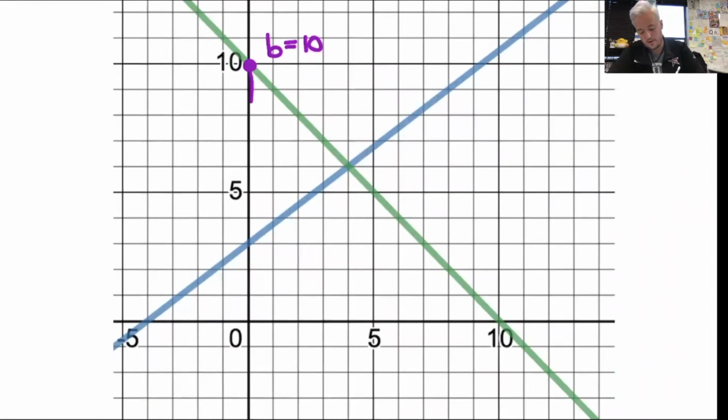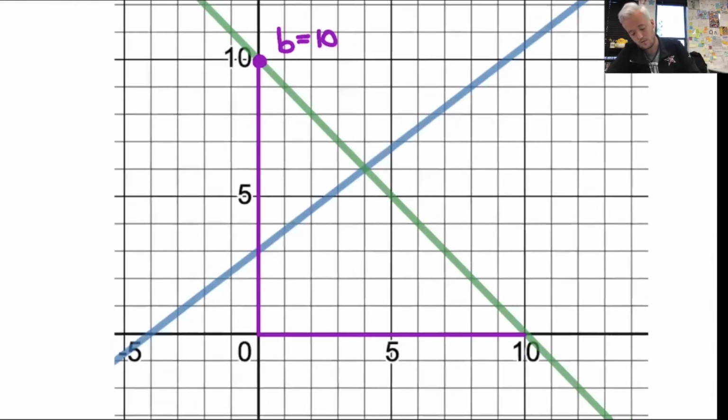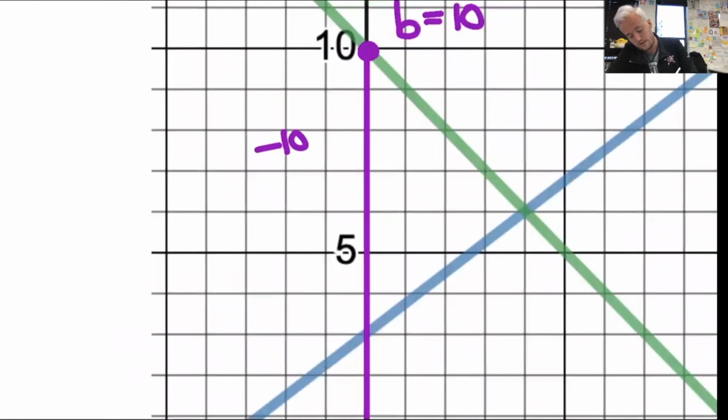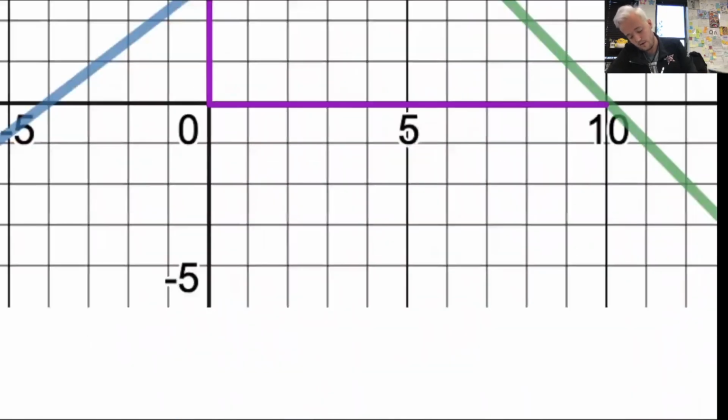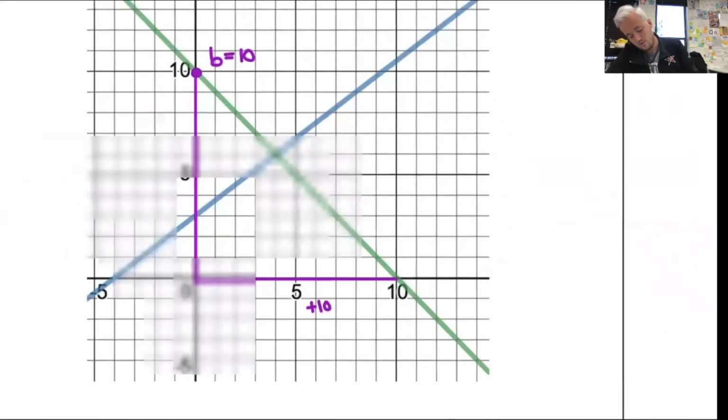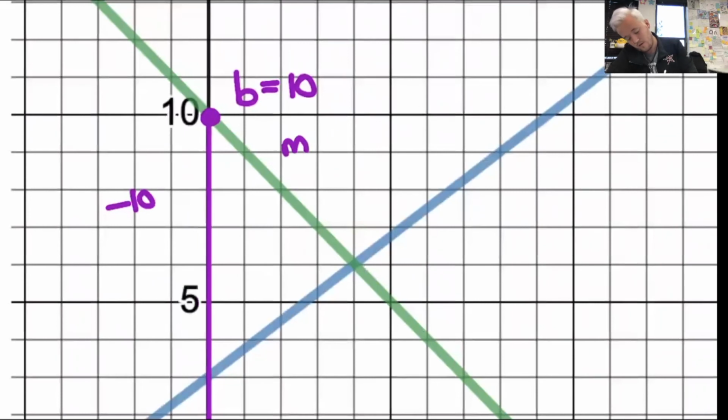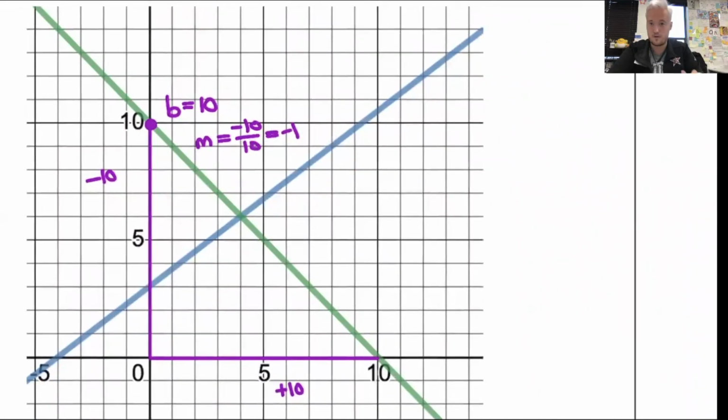So I'm going to use the y-intercept down here, and it's going to go all the way down to the x-intercept, which means we're going to have down 10 and right 10, which means your slope here is -1. If you really want to just go down 1, right 1, you can. Just be sure you're looking for clear, concise points.